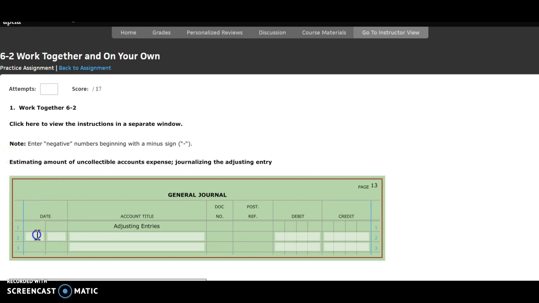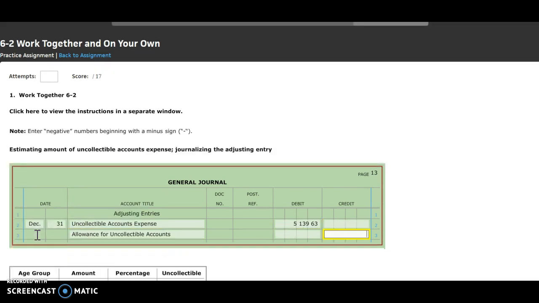That's what we're assuming is going to be uncollectible. So we're going to do that adjustment on December 31st. And we're going to debit uncollectible accounts expense for that amount that we just figured out. And we're going to credit the allowance for uncollectible accounts for that same amount. Okay, that was step 1.